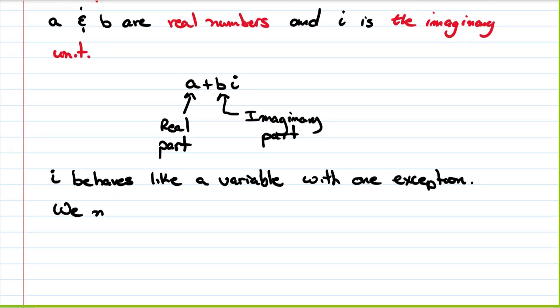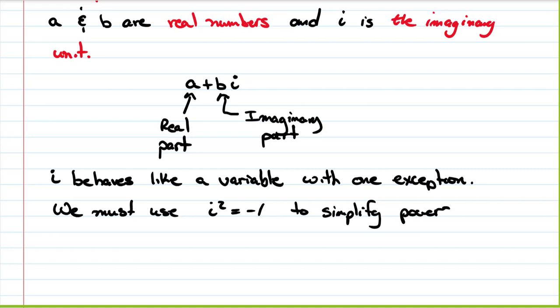We must use i squared equals -1 to simplify powers of i. So what this means is when we are working with complex numbers, the i is going to behave just like an x, with one exception. If we ever have an i squared, we are going to replace it with -1.